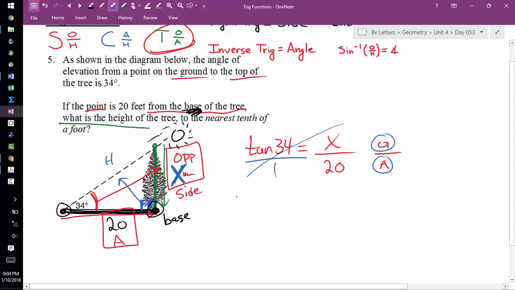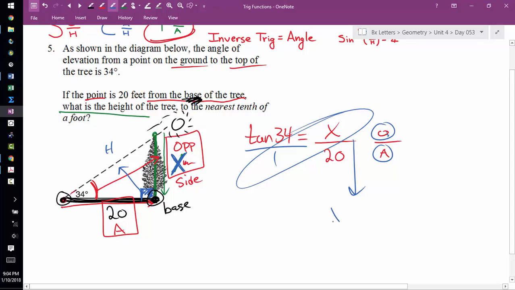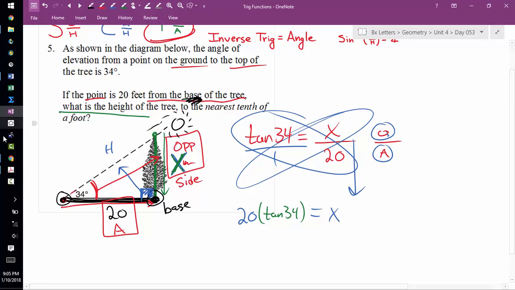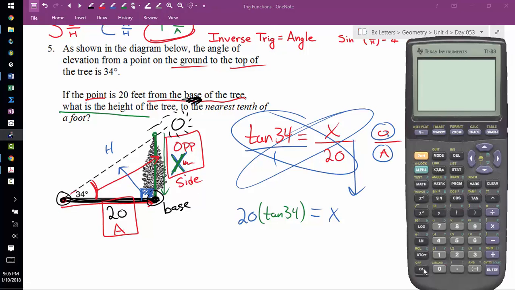Let's toss this over 1 and cross multiply. x will come down, and then x is going to be equal to the product of 20 and the tangent of 34. That multiplication will tell us what the height of our tree is, what the value of x is. So I'm just going to type that into my calculator. 20 times the tangent of 34.